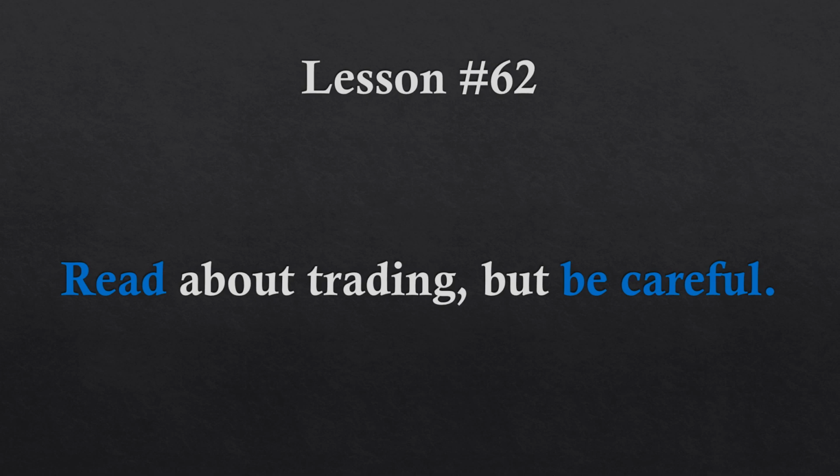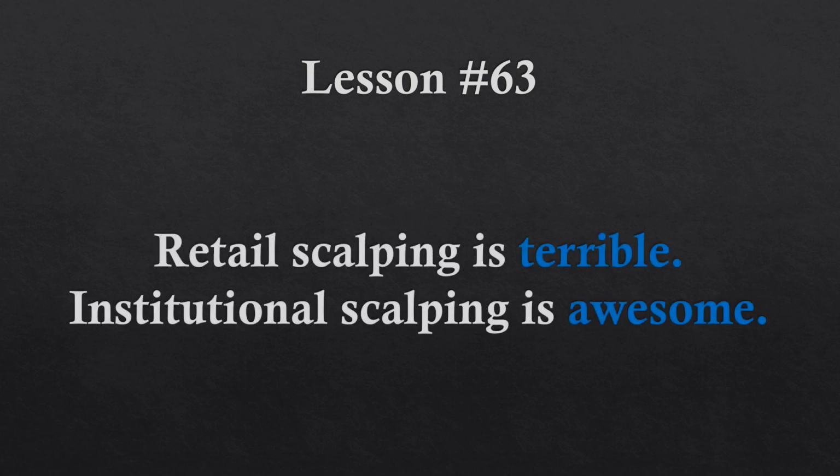Lesson number 63. Retail scalping is terrible. Institutional scalping is awesome. Retail scalping is the type of scalping where directional trading is used along with bad risk-reward ratios, meaning large stops and small targets. That idea is so bad that I created a whole free course to expose it.